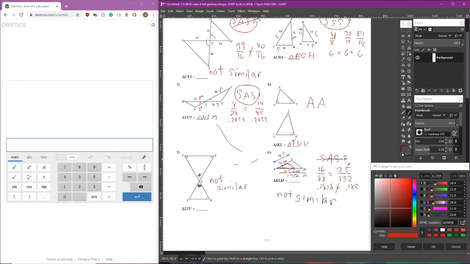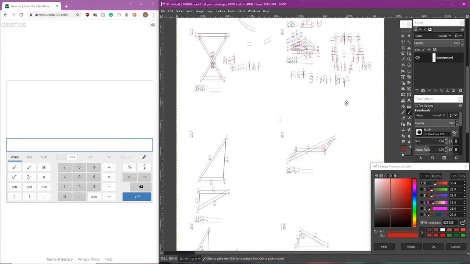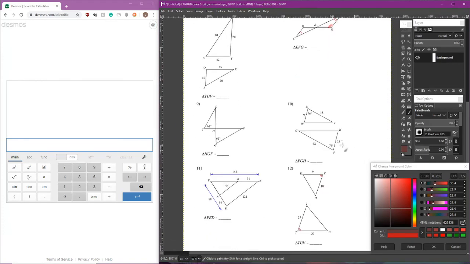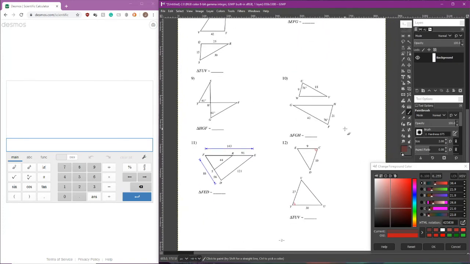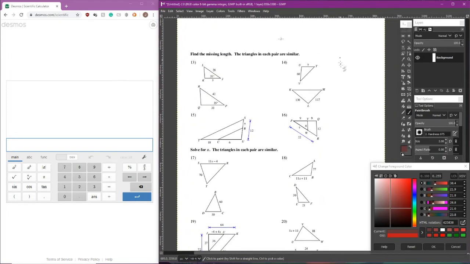Okay. Now your assignment is going to be a lot of similar stuff. The second page, going from 7, 8, 9, let's go all the way to 12. Those are your assignments. But we're going to keep going and we're going to talk about some slightly different stuff.